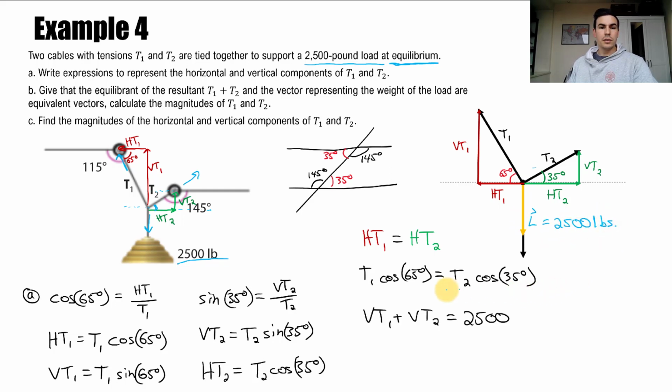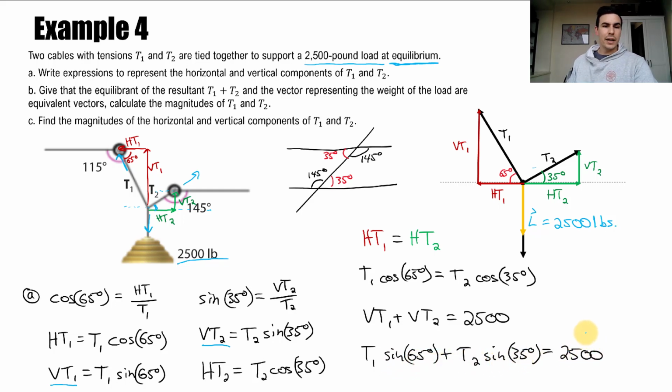So I have the vertical component of T1 plus the vertical component of T2 equal to 2,500. Now we plug in our equations for the vertical components of T1 and T2, and we have T1 sine 65 plus T2 sine 35 is equal to 2,500.